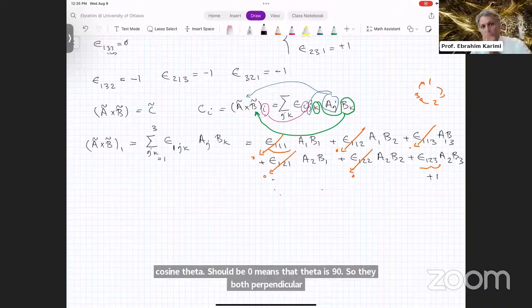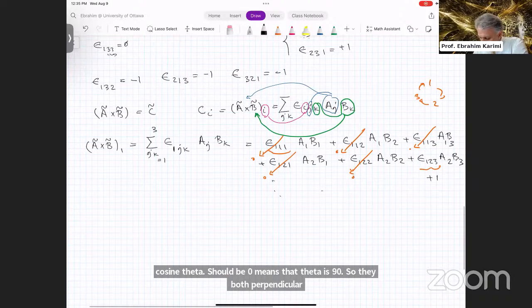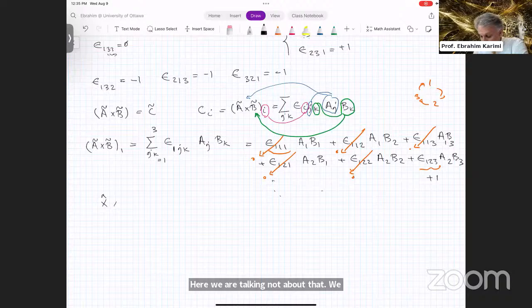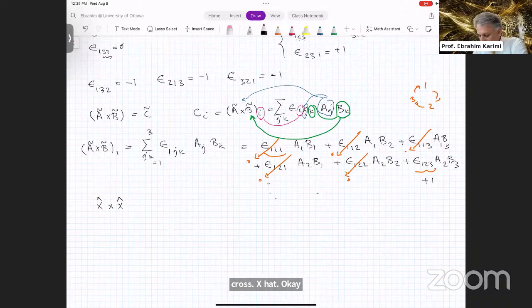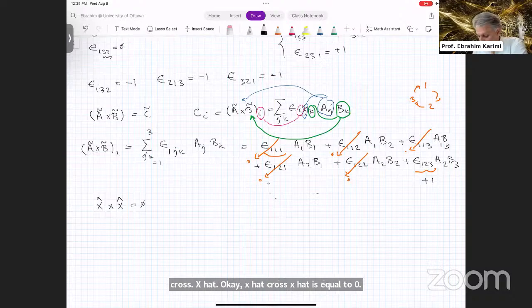No. Don't get confused. Here we are talking not about the dot product. We are talking about the cross product, x hat cross x hat. It is equal to 0 because these two are parallel to each other.